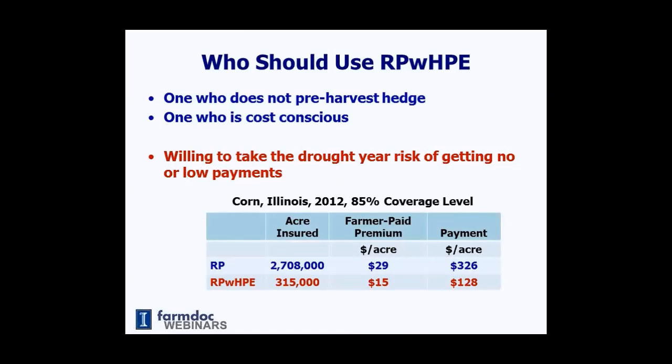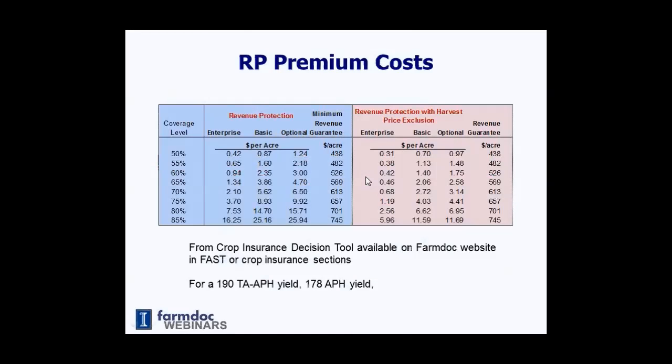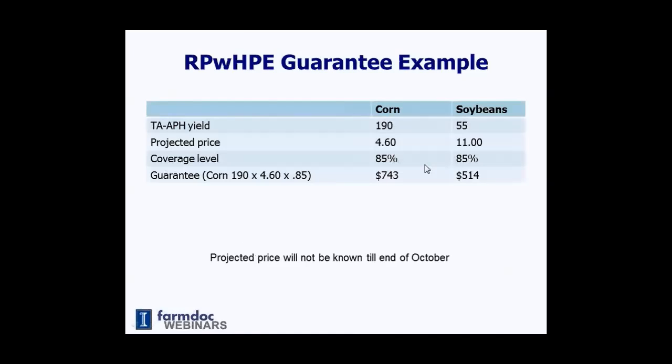The guarantee for RP premium cost will be much lower than for revenue protection, RP with harvest price exclusion. Here you can see $5 cost for RP with harvest price exclusion versus $16 for the RP product itself. Again, what you give up when you go to RP with the harvest price exclusion is that guarantee increase.